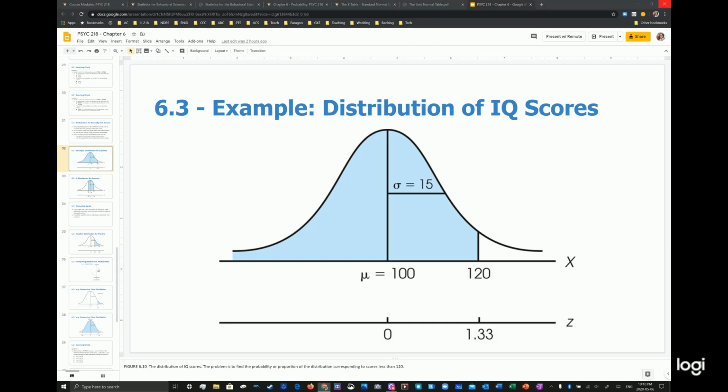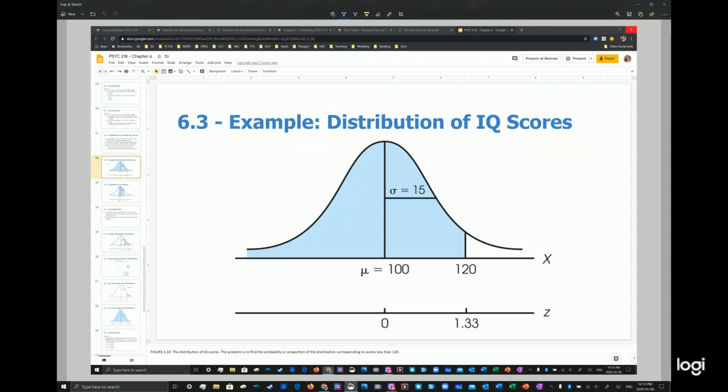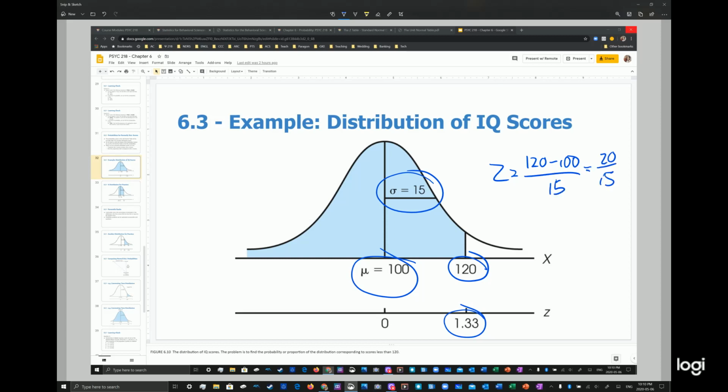In this case it is the X of 120, that's our value, and we know the standard deviation for this population is 15, and the population mean is 100. So we calculate the Z first. 120 minus 100 over 15. Well, that's 20 over 15, which is 1 1/3, which is 1.33. So that's our Z score right there.